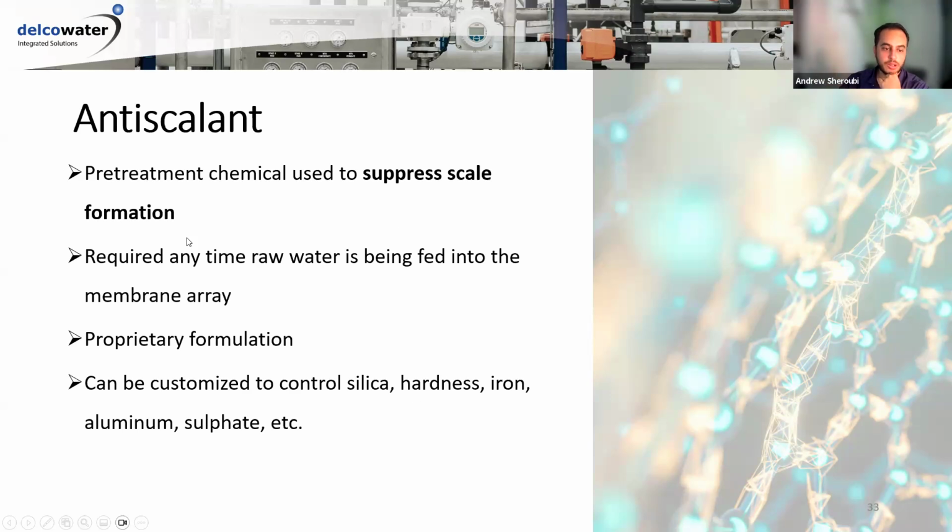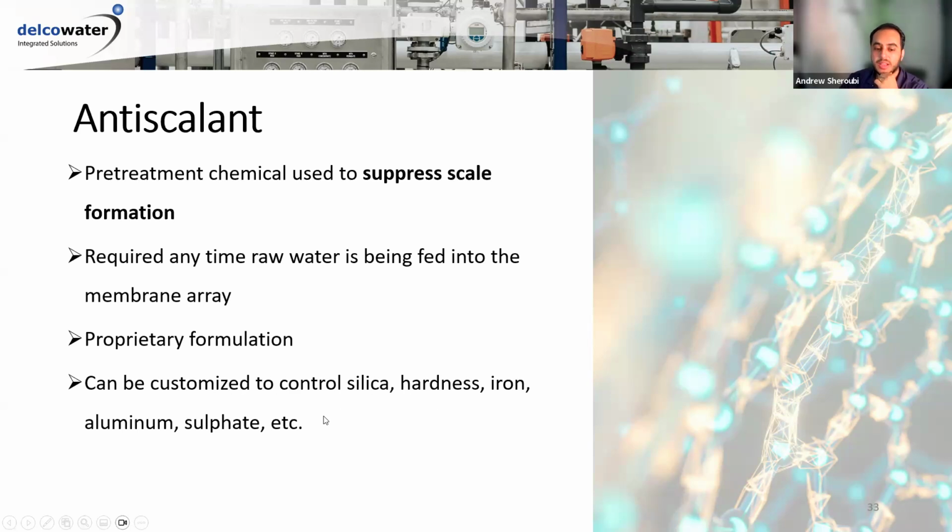Anytime raw water is fed through a membrane, you need this, and usually these are proprietary. There are quite a few companies that produce them, but this could be a logistical challenge, because with a lot of the other things I'm going to talk about, like cleaning, there are proprietary and then generic chemicals that you could use that are more easily accessible. But with this, you need to get anti-scalant, and there aren't general chemicals that you can buy.